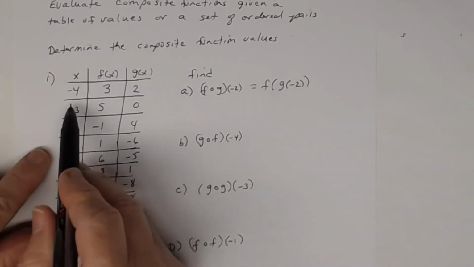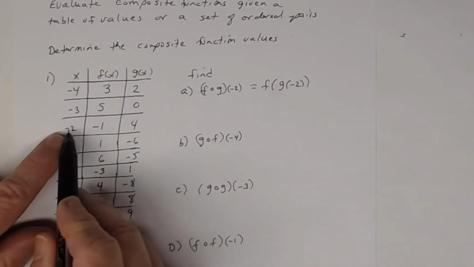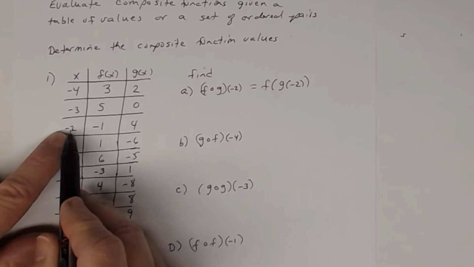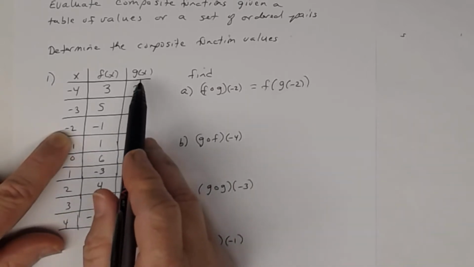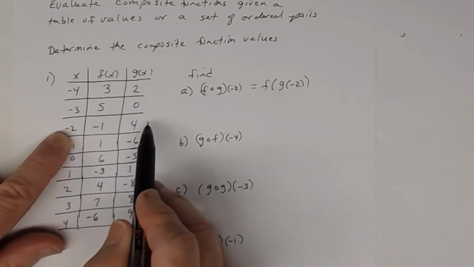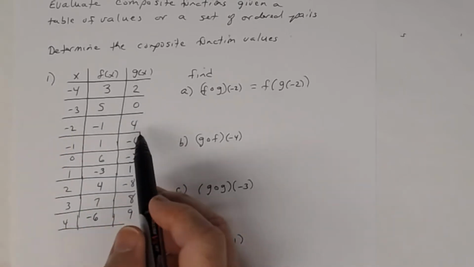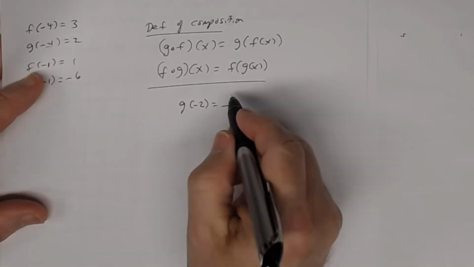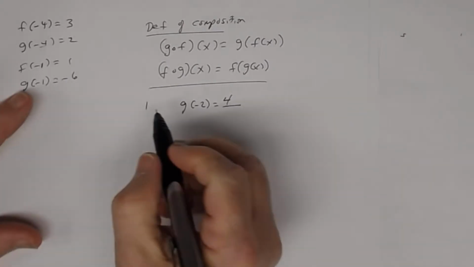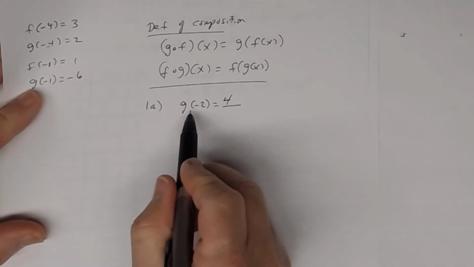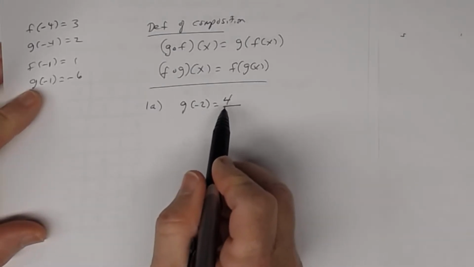Here is where x is -2, right here. Well, g of -2 is 4. So this was for 1a: g of -2 is 4.